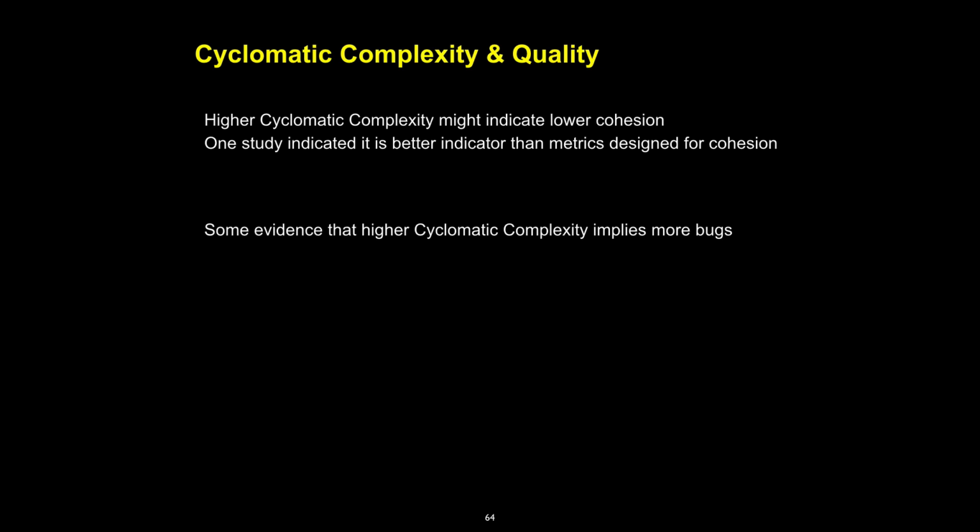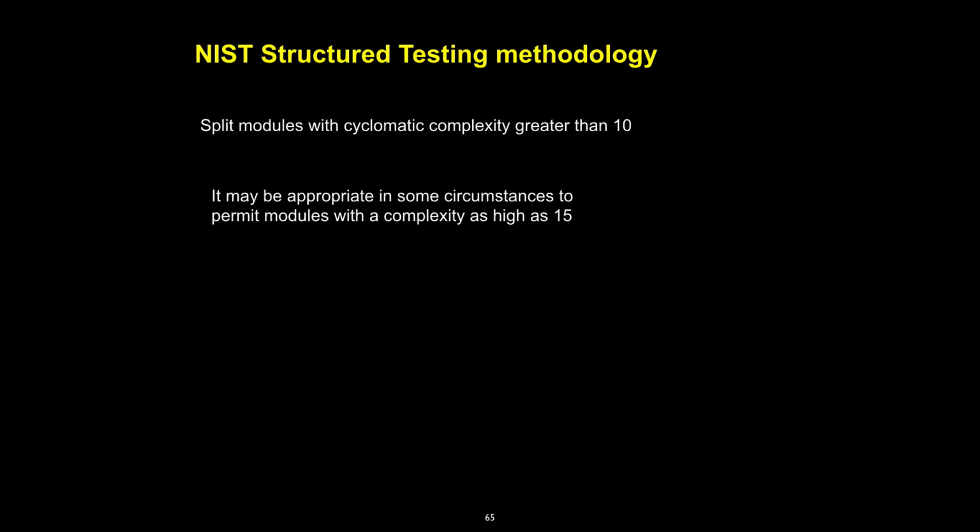Right? So people have studied it and they say, yeah, it seems to indicate problems. The National Institute for Testing, right, has this big software group, and they say basically once that complexity gets larger than 10, it's probably too complicated. You need to break it into smaller pieces, right?